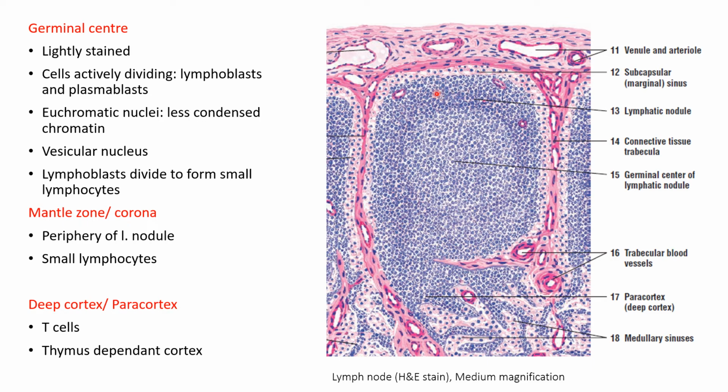So this is about the secondary lymphatic nodule. Further deep to the outer cortex is the region of the paracortex. This deeper zone of the cortex comprises T lymphocytes. That is why this zone is also called thymus dependent cortex.